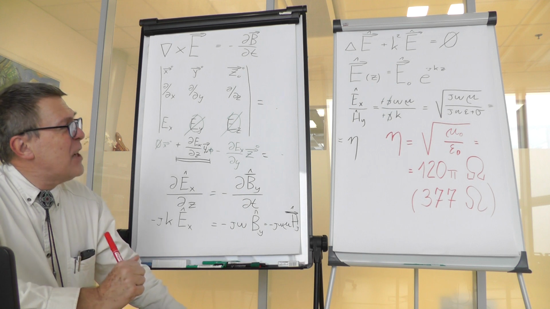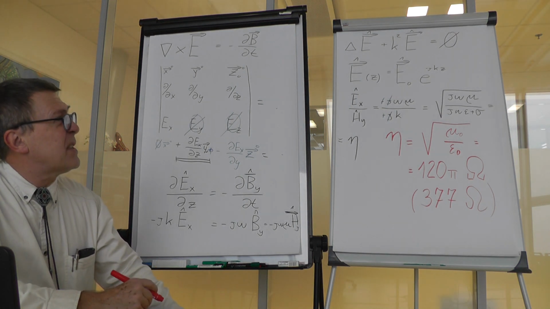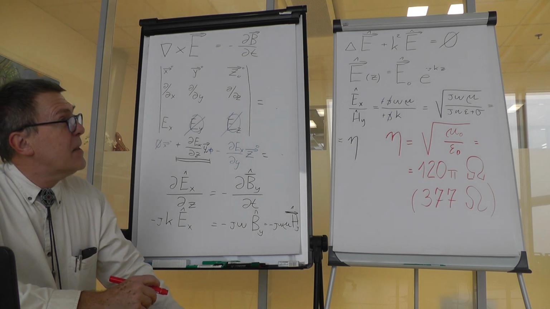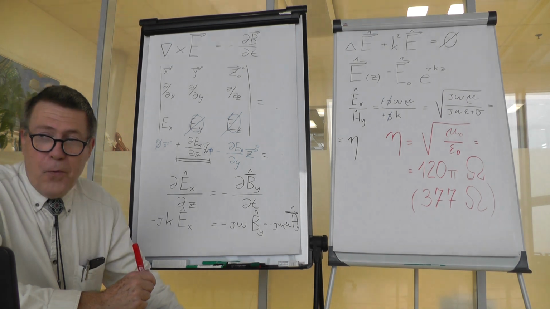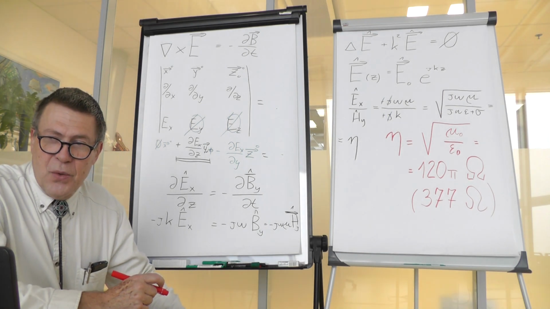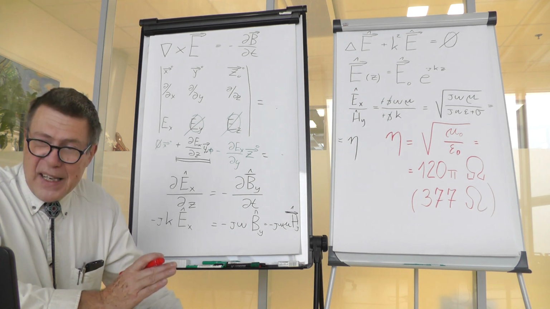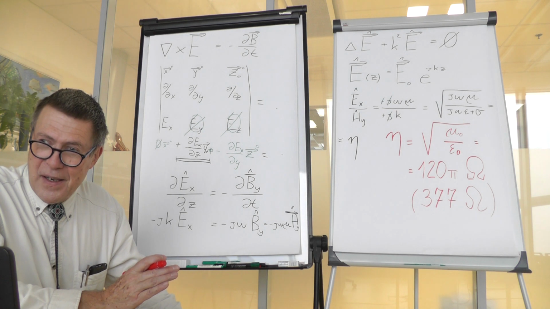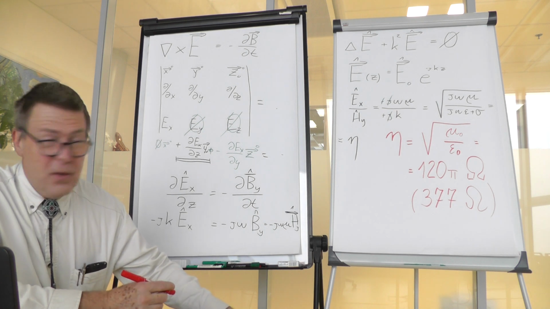Now I will make a short point that is also interesting. And this point is about the phase of those two phasors. So first let us have the wave propagating through non-conductive media like dielectrics, like vacuum.